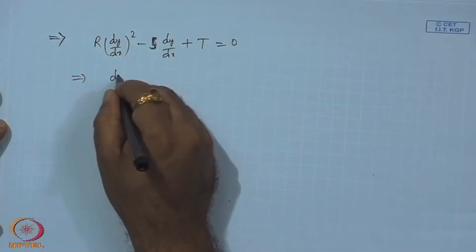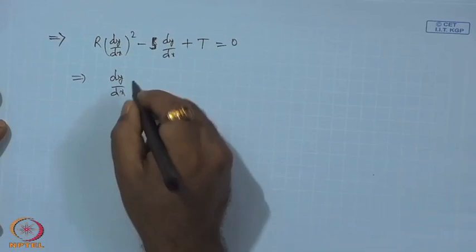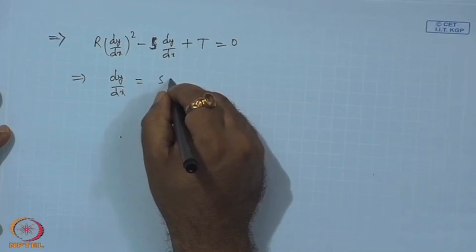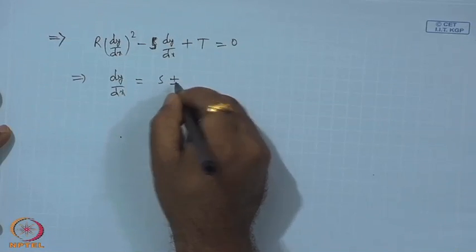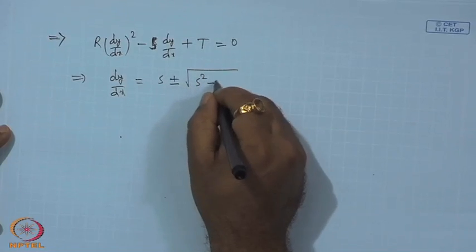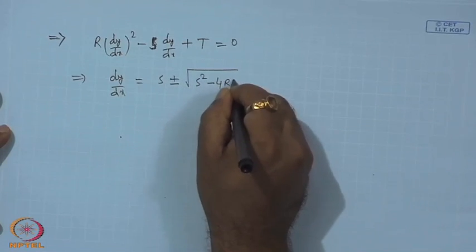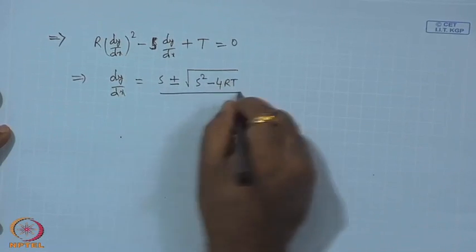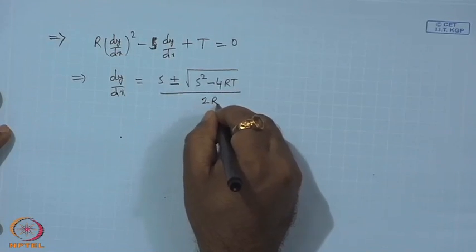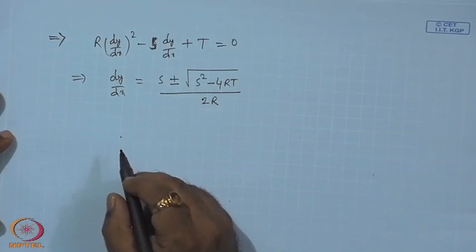This implies dy by dx equals S plus or minus root S squared minus 4RT, by 2.